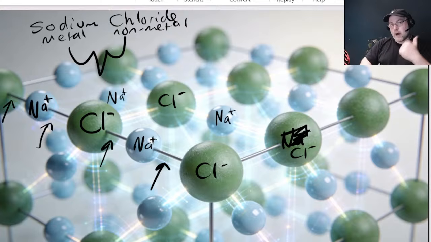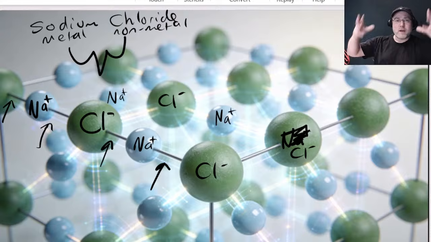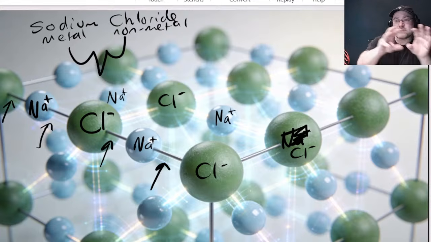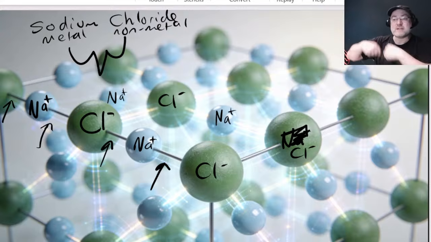These are separate marking points. So why does sodium chloride have a high melting point? Giant ionic structure. Lots of strong ionic bonds require lots of energy to break. Boom! You've smashed out 3 marks.